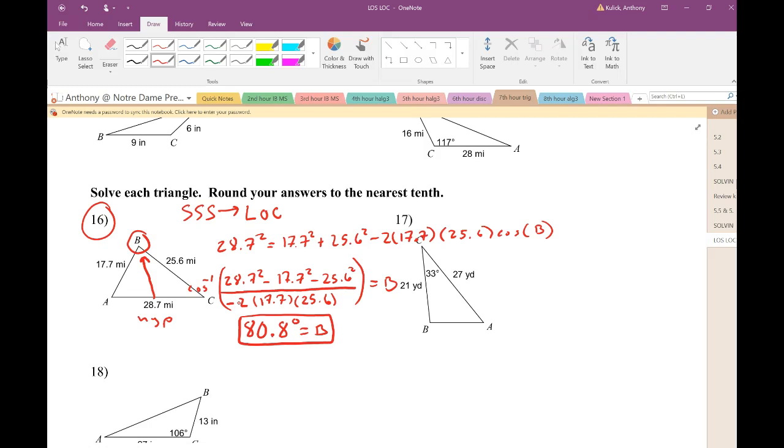So when I type that in, I get 80.8. Now let's pick an angle to solve for. Which one do you want to solve for next? I don't know. I'm going to pick A.